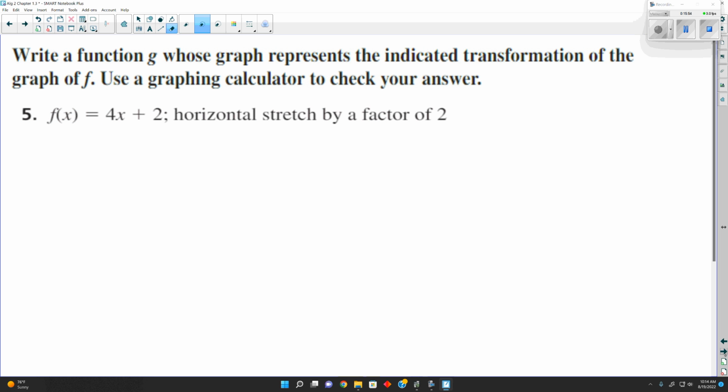Let's look at this one here. I think this one should say horizontal. Or is it not showing up? Okay, by a factor of 2. So let's go on and scratch out where it says vertical for this one, if y'all do have this one.